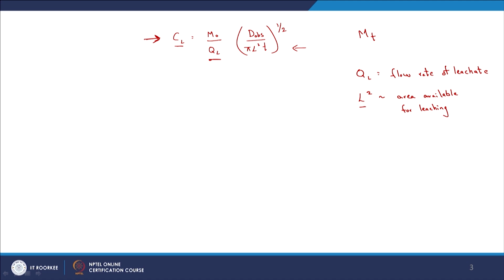So, again, as Q_L decreases, you have this flow of leachate Q_L which is reaching the groundwater here. As this particular value decreases, what is going to happen? What does it mean more or less? That you have your block here and Q_L is coming in contact. If Q_L is less, what does that mean?